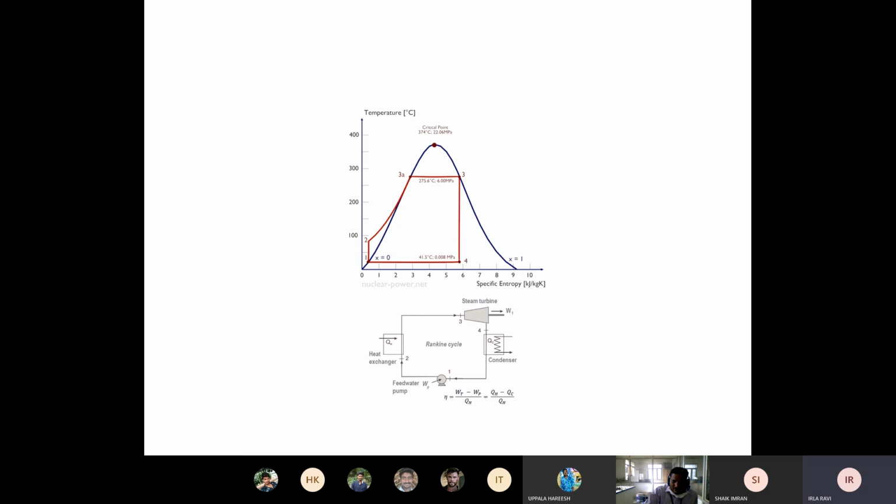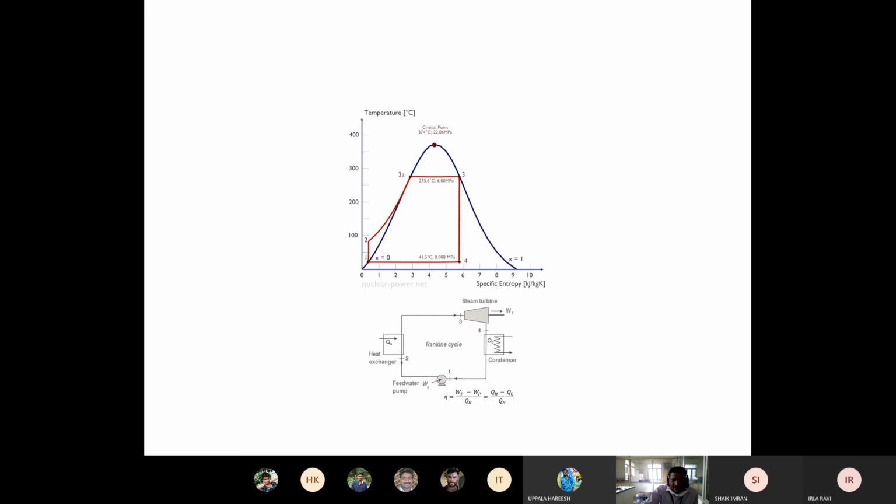Don't worry about the state points, but in which process we are adding heat, in which process work done is produced, in which process heat is rejected, and in which process work is supplied to the system. This is the expansion process, in which work done is produced.